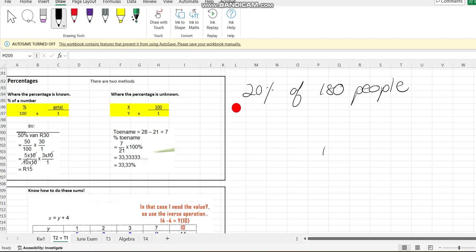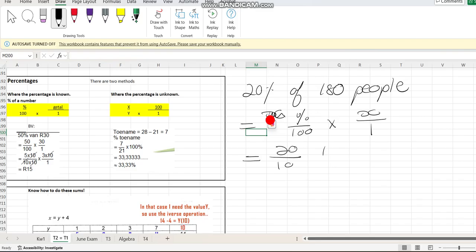20% of 180 people, right? So this is people, this is not money. But then you can put down percentage is known. So it's percentage on top of 100 times x on top of 1. And then you can go and fill in all the information. So 20% on 100 times x is 180 people above 1.